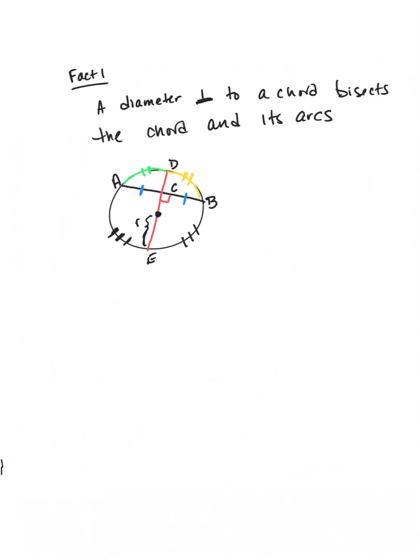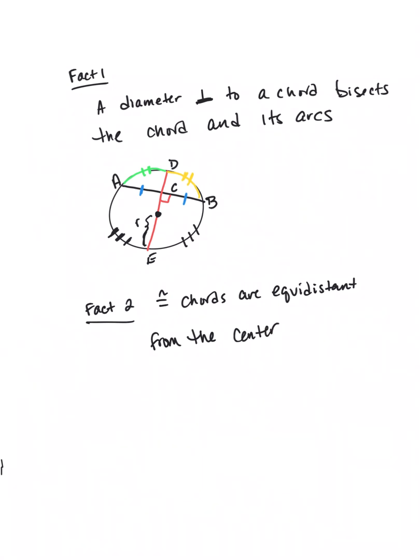Next fact. A lot of times these facts are going to be used simultaneously in problems. Congruent chords are equidistant from the center. If you're given anything about two chords and their distance from the center, here's the center, and you'd be shown distance like this.